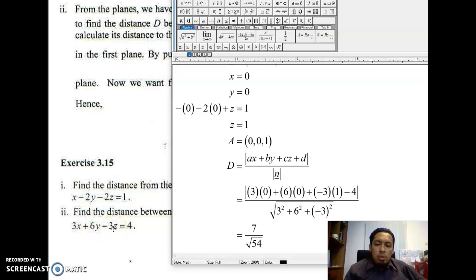We should also use the D on that plane, which is 4, so on the left hand side it is -4. Okay, so just calculate everything. So you'll get 7 over 54 as the answer. So this is how you calculate the distance of a point from a plane. Thank you.